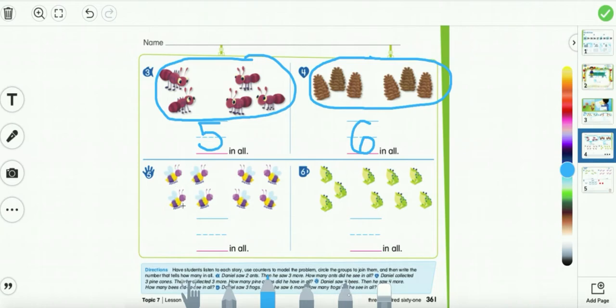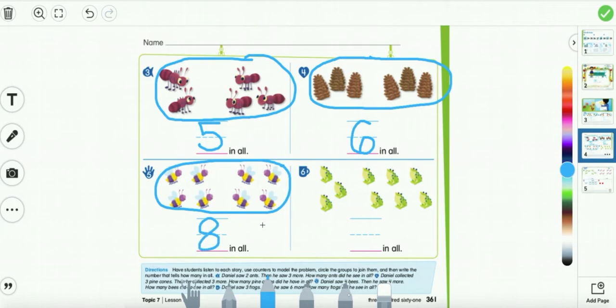Number 5. Daniel saw 4 bees. Then he saw 4 more. How many bees did he see in all? We're going to join them together to figure this answer out. Let's count. 1, 2, 3, 4, 5, 6, 7, 8. Daniel saw 8 bees in all.